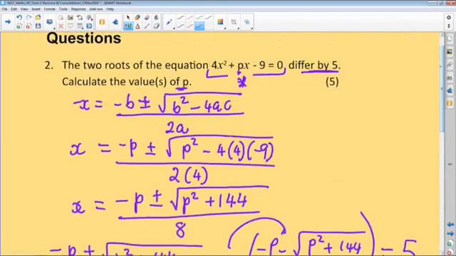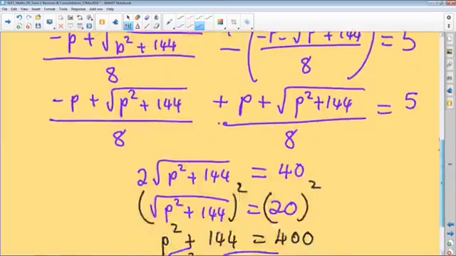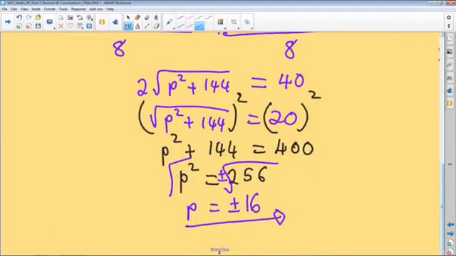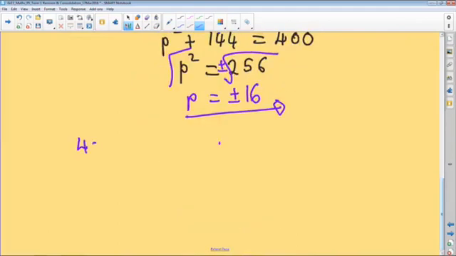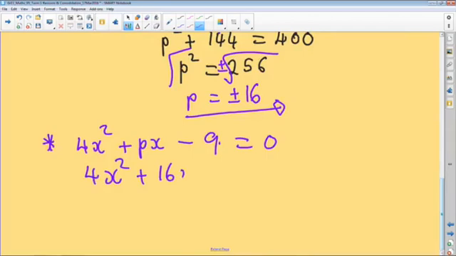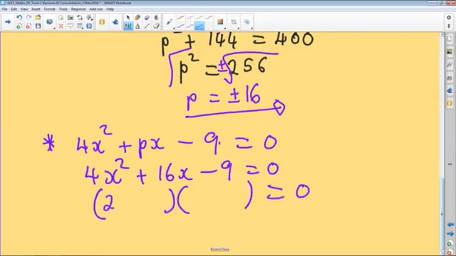Now, if you were to check, 4x squared plus px minus 9 equals 0. It is plus or minus 16. So if you were to put 4x squared plus 16x, maybe, minus 9 equals 0, and then you factorize, then you've got 2x, 9 and 1, plus and minus.